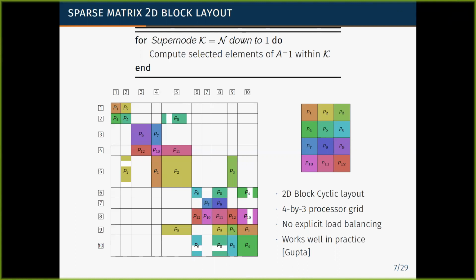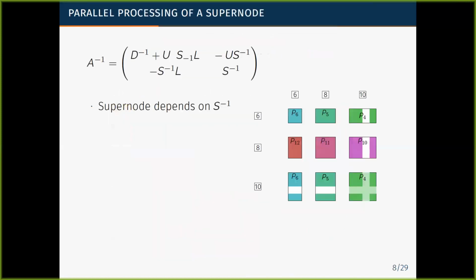There is no explicit load balancing of the non-zeros per processor, but this type of layout has been shown to work well in practice. So this is basically the layout we are using in PEXSI.